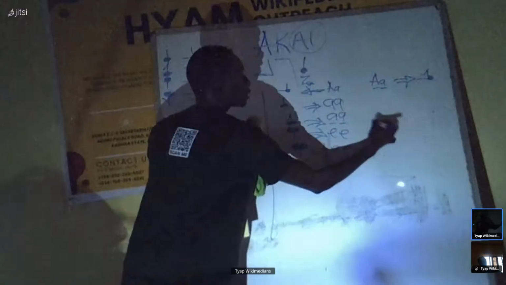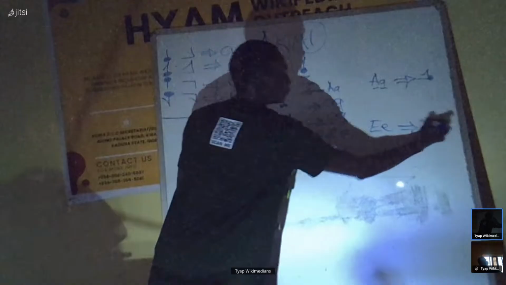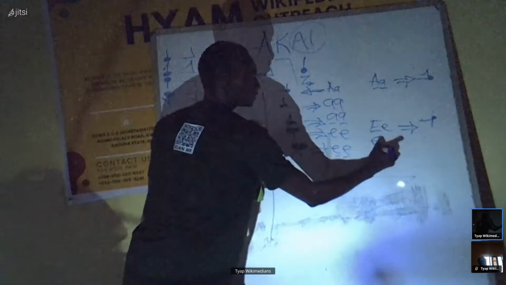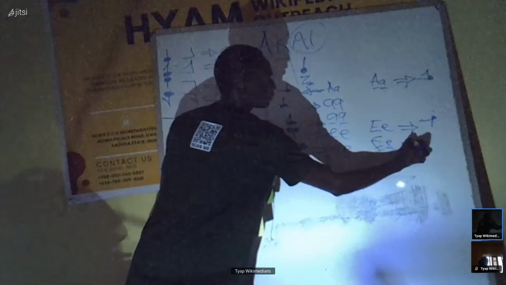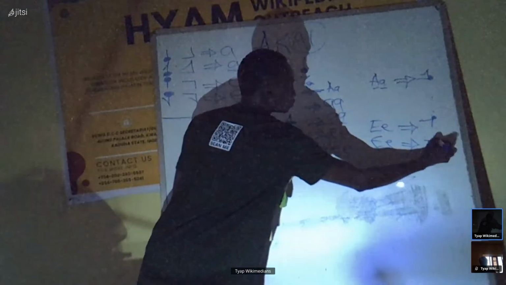If you have something like this one, A, you render it this way, and if you have something like this one, M, you render it this way too.